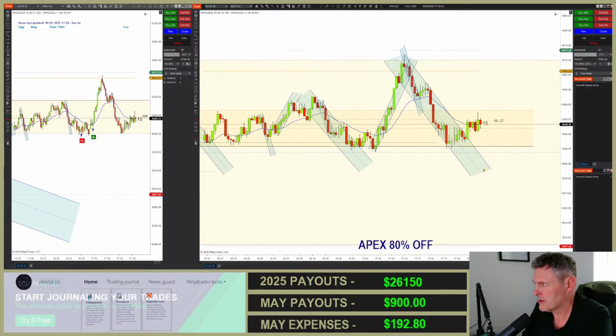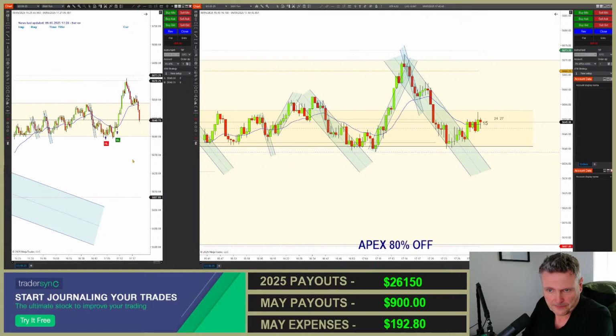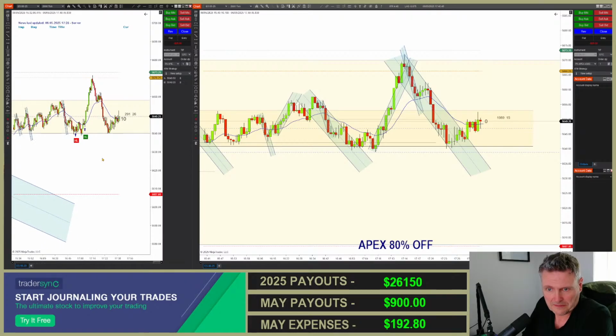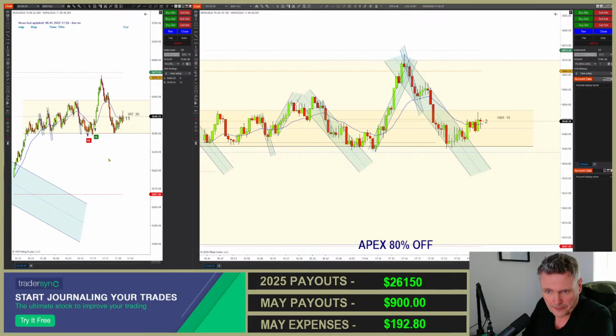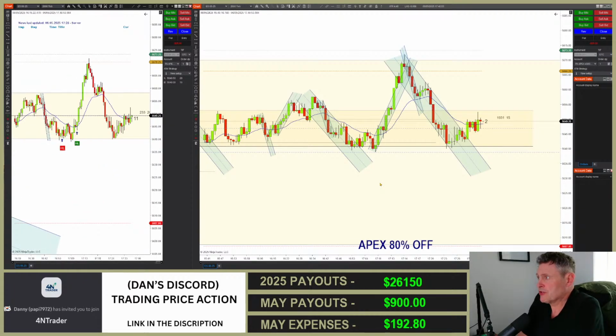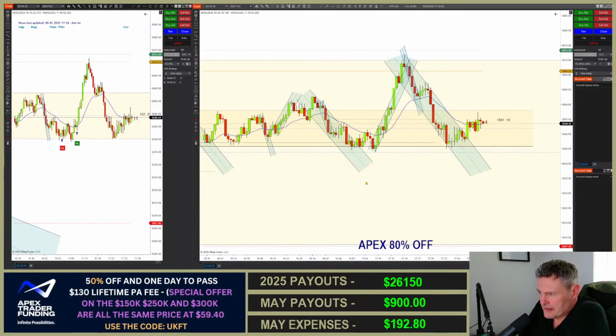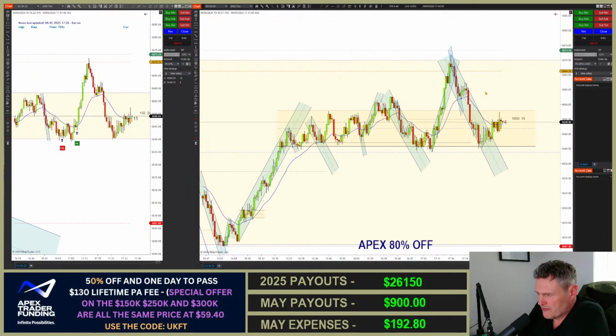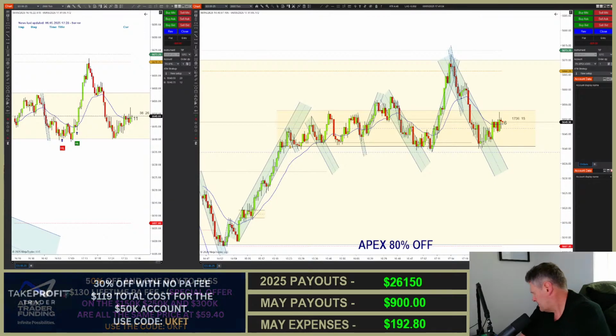So I'm all right with that. But I have stopped moving my stop, which is good news, because that was a really bad habit I had. It's horrible trading this today. It's been really naff. We've just been chopping backwards and forwards for over two hours now.